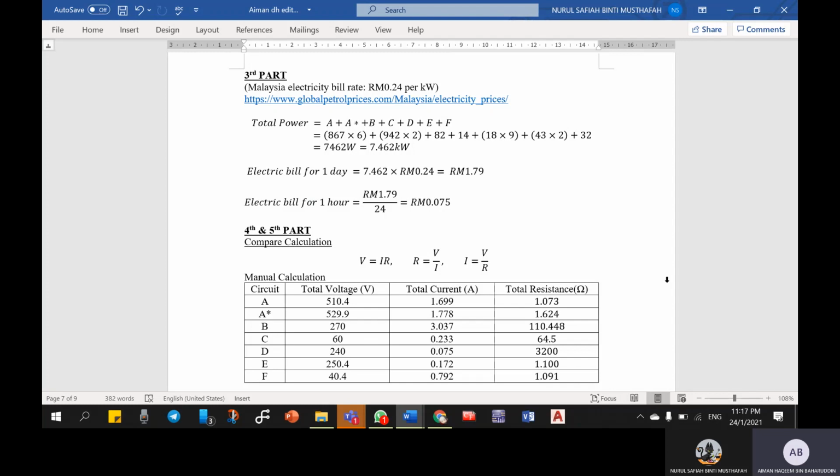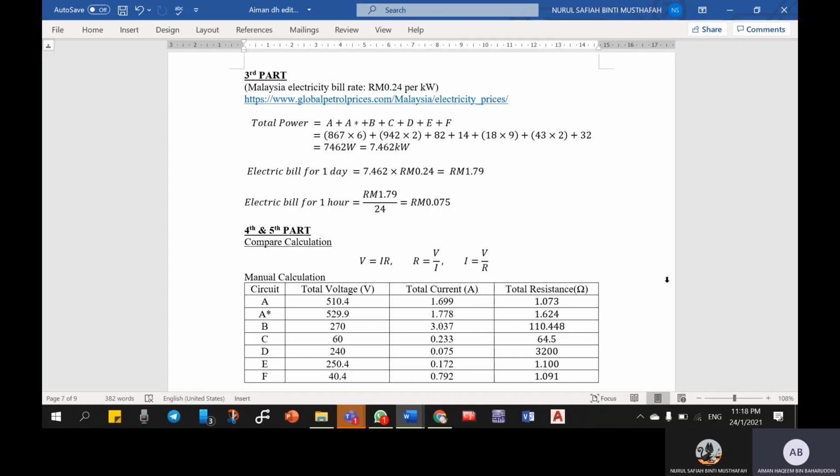By multiplying and adding all the total power, we will obtain 7,462 watt. But we need it in kilowatt, therefore we divide it by 1000, making it 7.462 kilowatt. The electric bill for 1 day that we obtain is RM 1 ringgit and 79 cents.